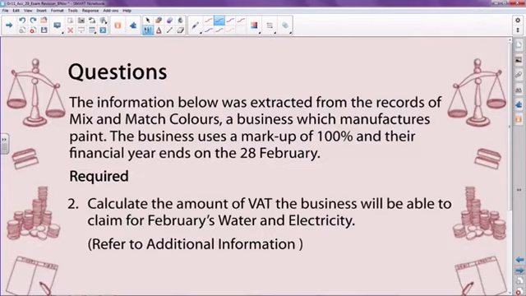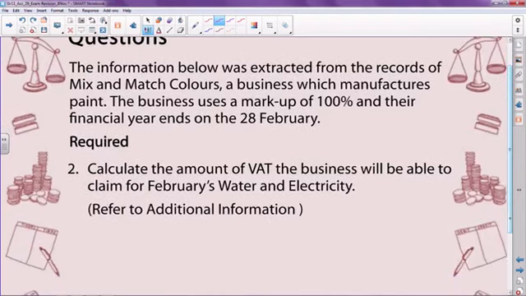Our next question relates to VAT. So I want you guys to pay careful attention to this part of the question. Calculate the amount of VAT the business will be able to claim for February's water and electricity. So remember, guys, earlier during this year, we touched on VAT. I think we spent 2 lessons on value-added tax, and we came across the concept input VAT.